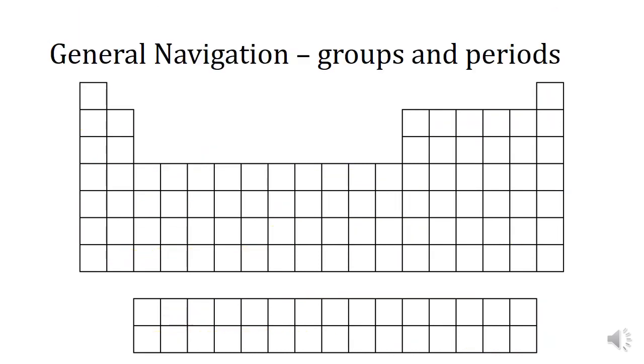So groups and periods. So our groups are these vertical collections of elements. So groups have different chemical properties. That's how Mendeleev arranged the periodic table.